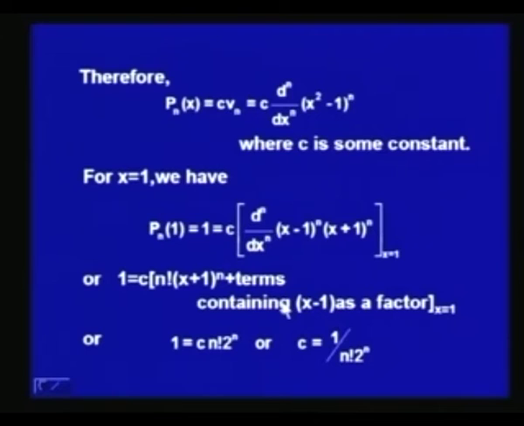So, that term will contain (x − 1) as a factor. In the yet next term you will differentiate (x + 1) twice, while (x − 1)^n will be differentiated n − 2 times. So, we will get (x − 1)² as a factor, and so on. So, all the terms starting from the second term inside the bracket onwards will have (x − 1) as a factor.